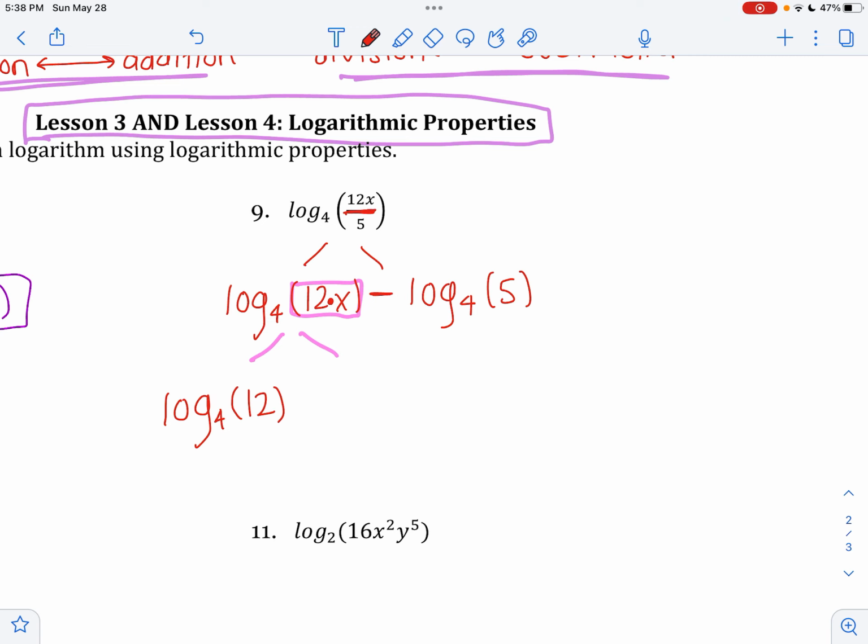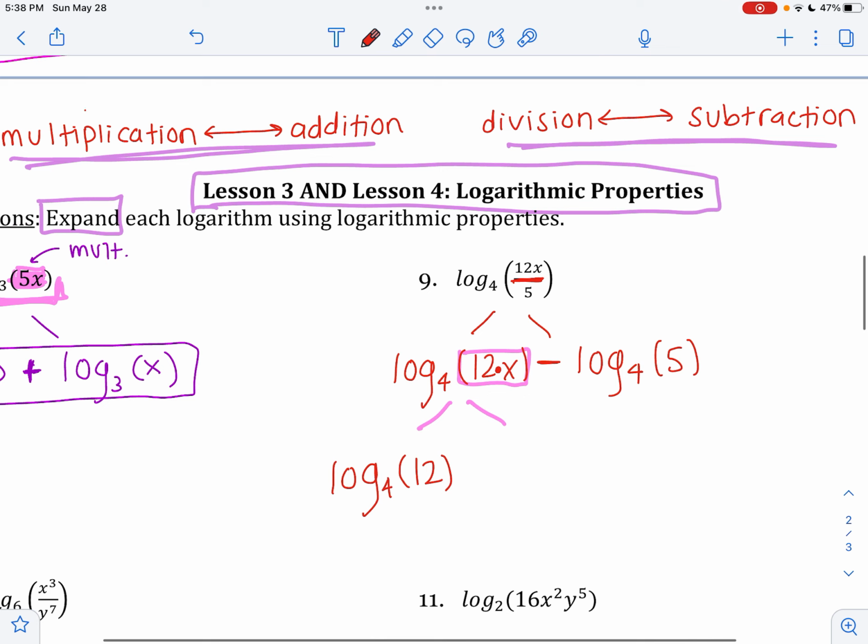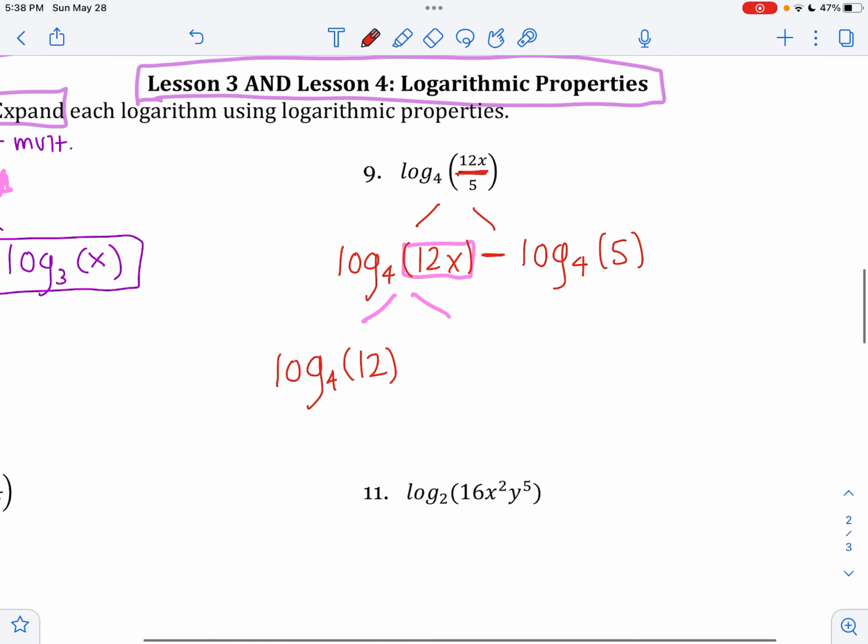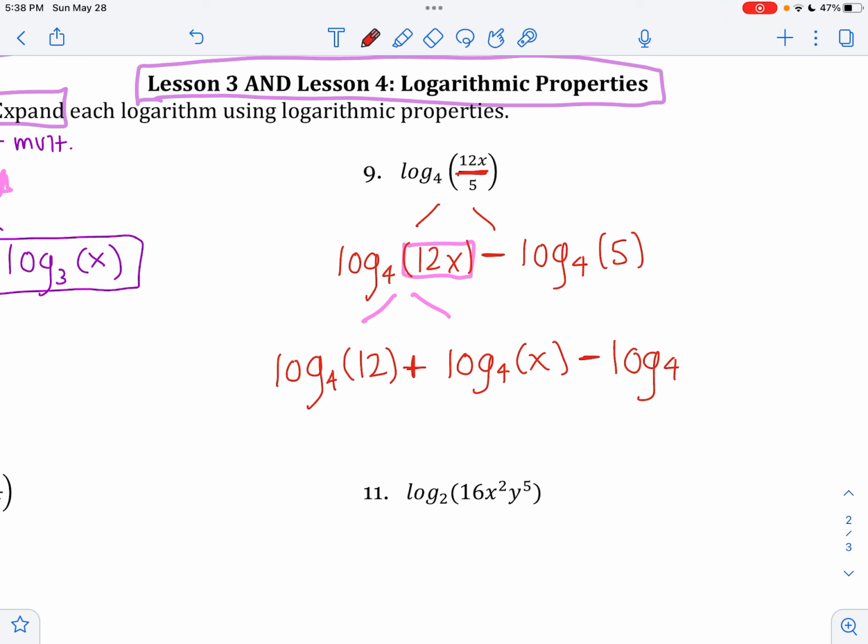This is 12 times x. And remember, with multiplication, we use addition when we're splitting it up. So this is log base 4 of 12 plus log base 4 of x. Okay, and then I'm going to bring down my minus log base 4 of 5. And now we have one number or letter in each parenthesis, and that's your final answer.